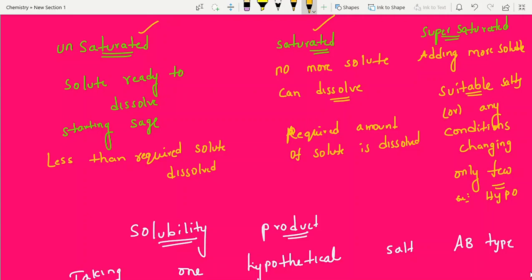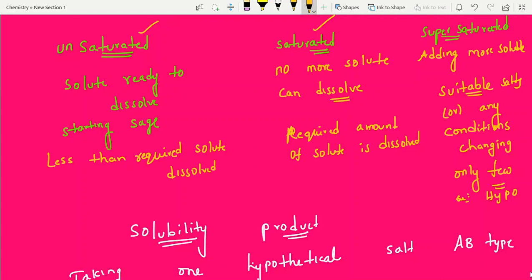To understand this, I am giving one example. Suppose you are feeling hungry, right? You are having food. In the early, starting stage, you are accepting more, you are taking more, right? Having more means that is the unsaturated condition. Starting stage we call the unsaturated condition.